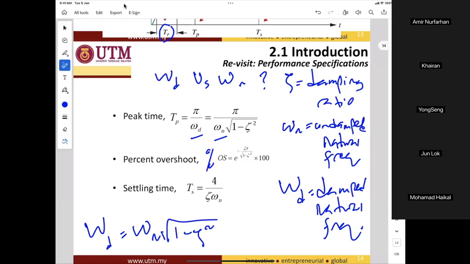When we remove the percentage, it becomes OS equals exponent of minus pi zeta over the square root of 1 minus zeta squared. So no 100. There is a difference between percentage overshoot and OS without the percentage symbol. Do you understand? Do you understand, Muhammad Haikal?